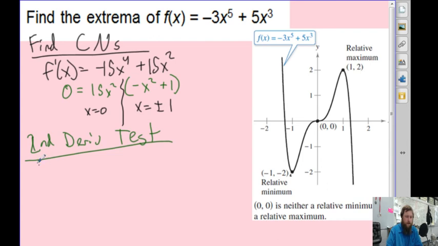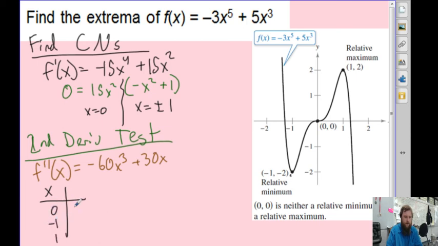So for my second derivative test, I have to find the second derivative, f double prime of x, which is going to equal negative 60x cubed plus 30x. All right, and I have to test each of those numbers. So let's just make a little table here. I'm going to do x values of 0, negative 1, and positive 1, and f double prime of x. What would that equal?